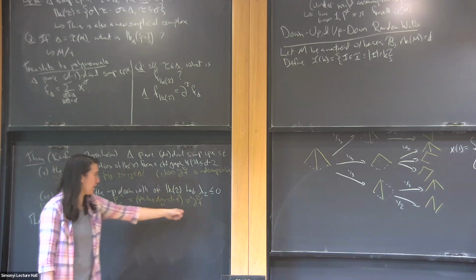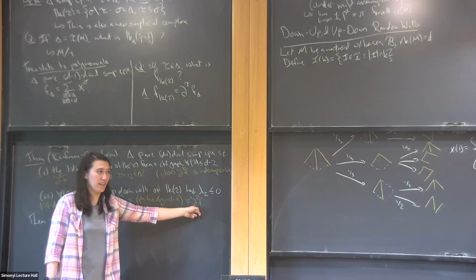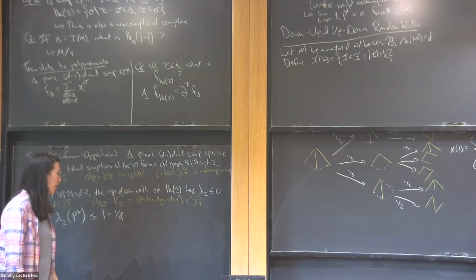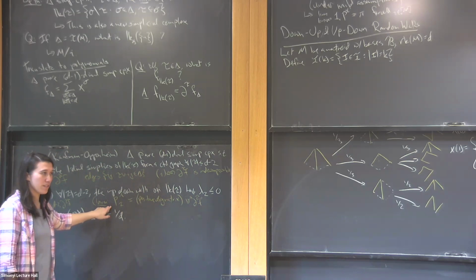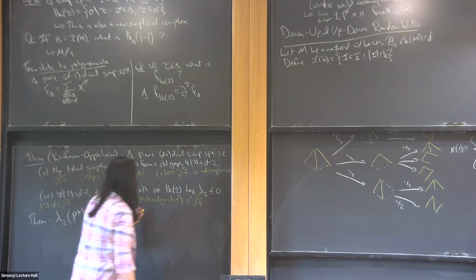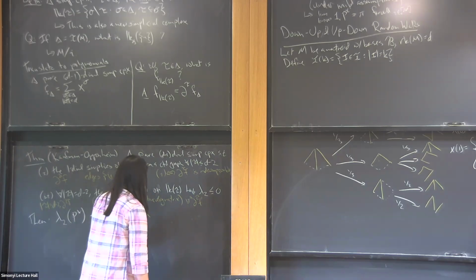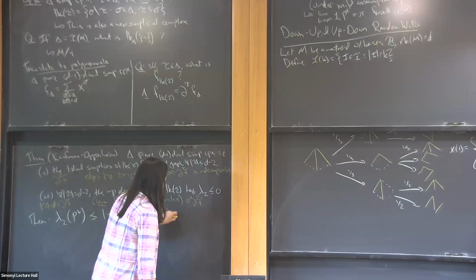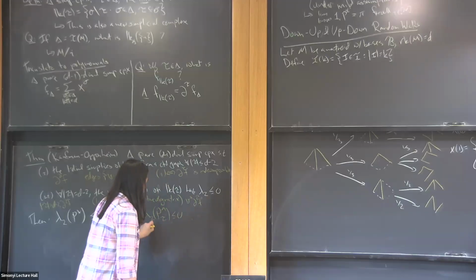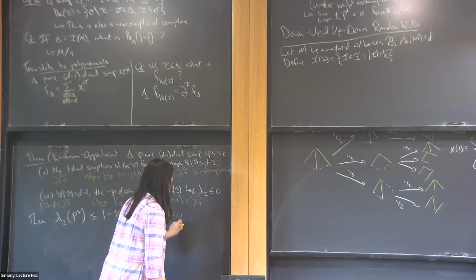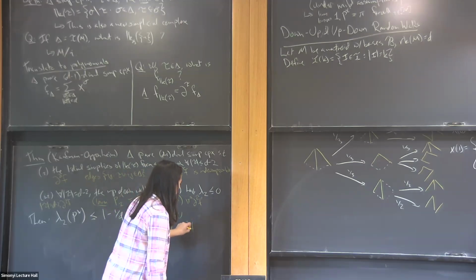And so the point is, if this guy has lambda 2 less than or equal to 0, which was the second condition for being completely log-concave, then this guy will too. And it's actually if and only if. So lambda 2 of the up-down walk of tau is less than or equal to 0 if and only if lambda 2 of the Hessian of d tau f is.